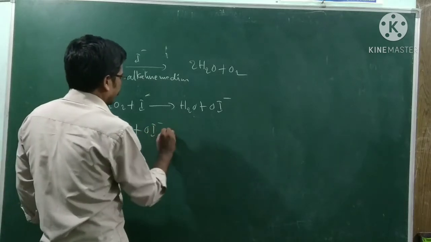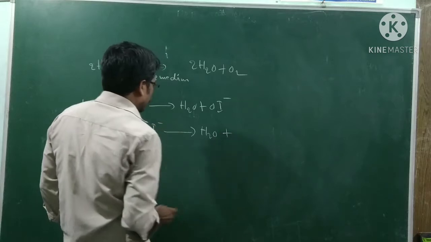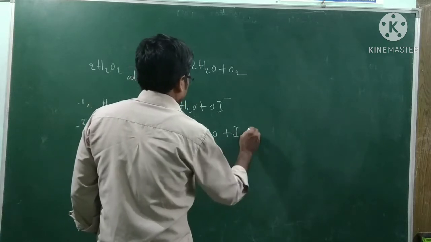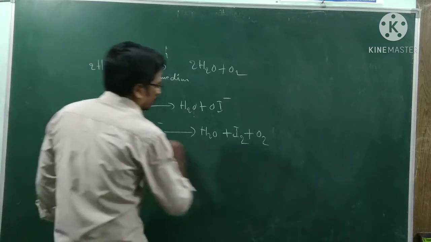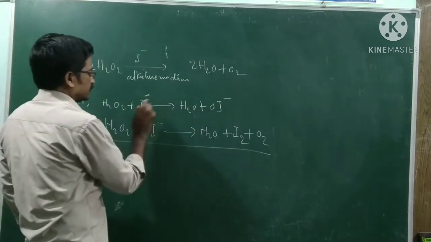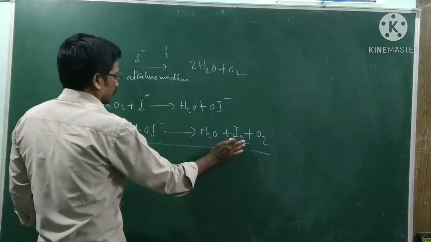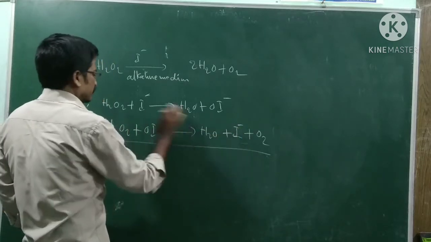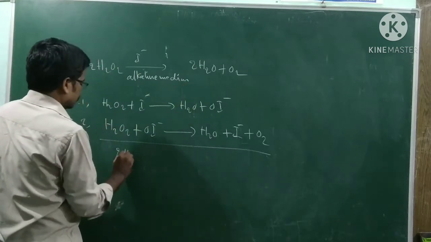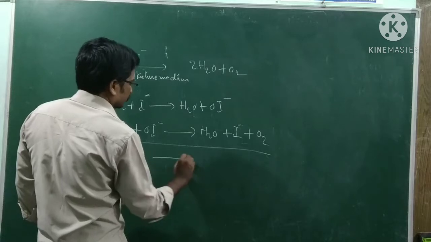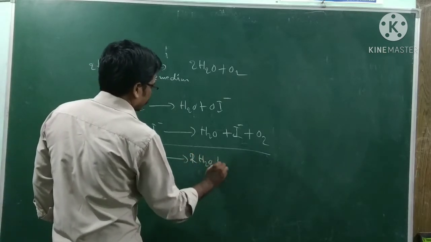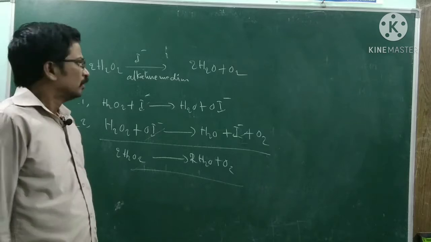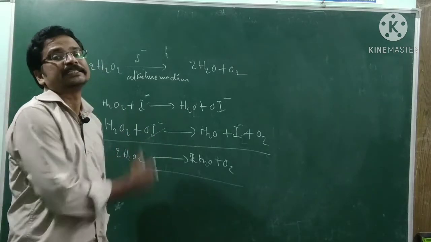H2O2 plus IO minus gives rise to H2O plus O2 plus I minus. So after combining these two reactions, you may get this one. The remaining terms cancel each other. These data are given in the NCERT textbook.